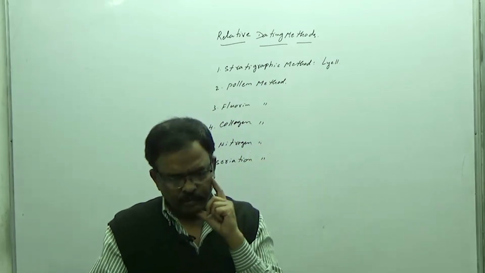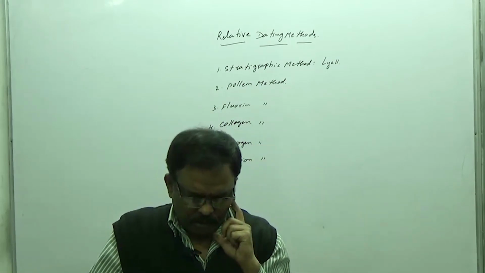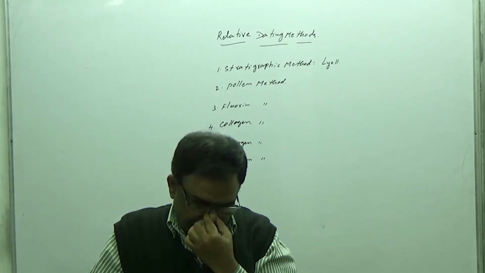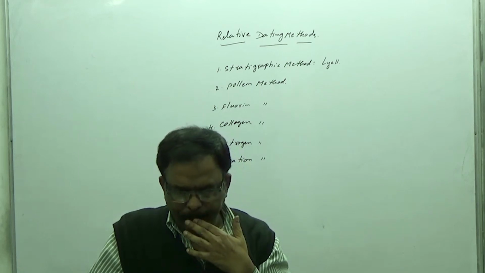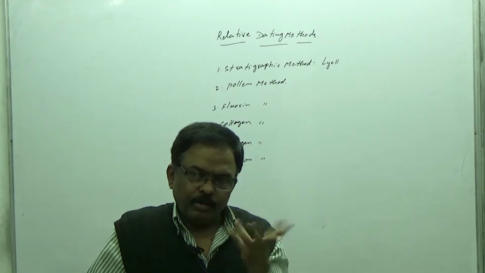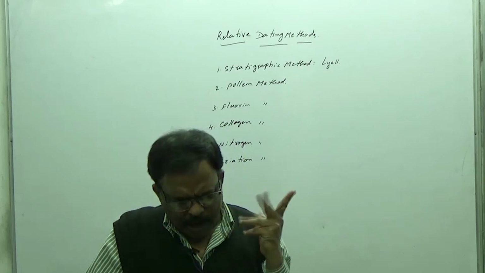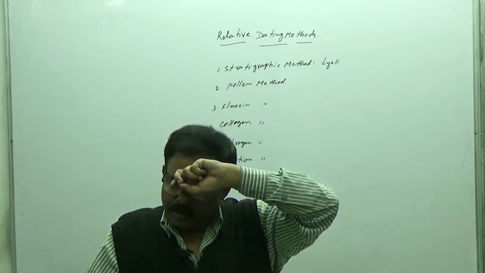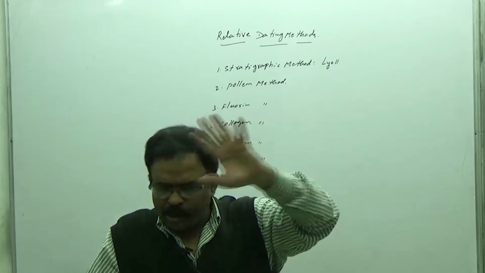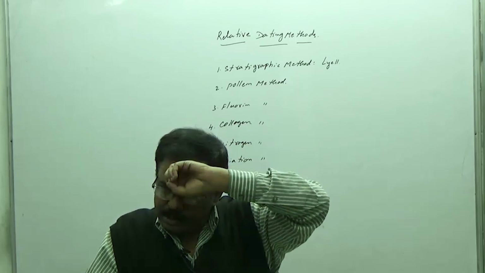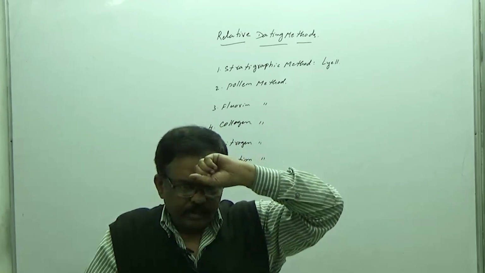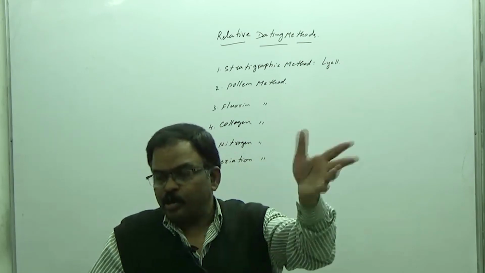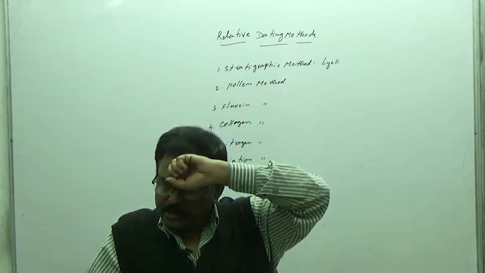Before present, BP. Means we can't say any absolute method is applicable to everything. Even the potassium argon method is useful to trace the age of rocks and earthen layers, but definitely it is in no way useful to trace the age of fossils.